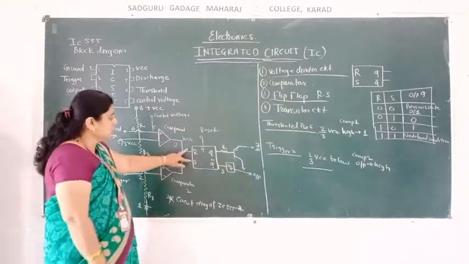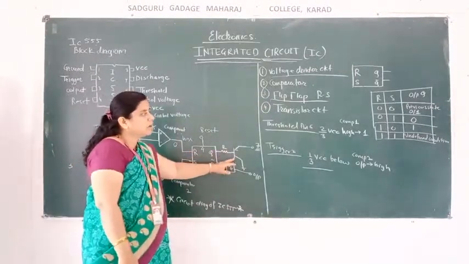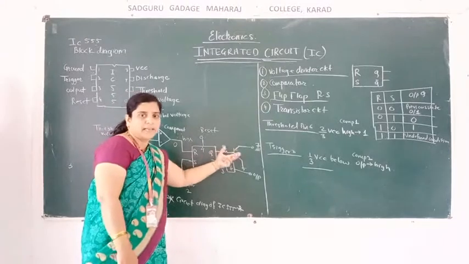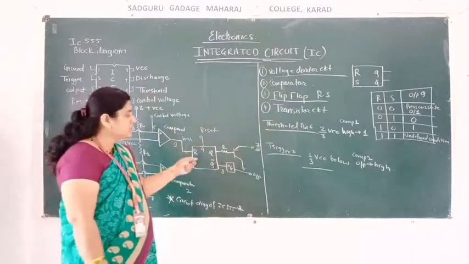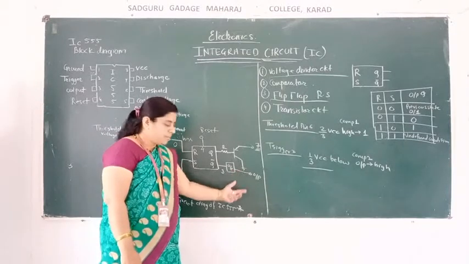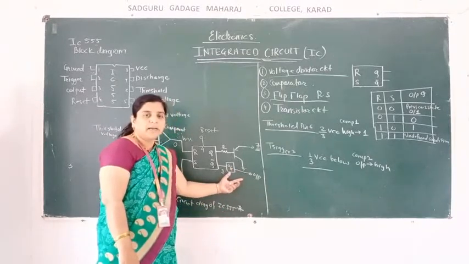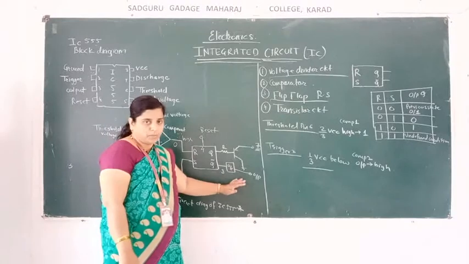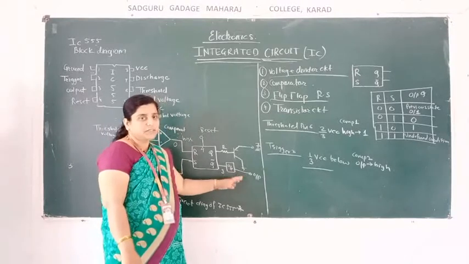If both conditions are 0 0, then the output will remain the same as it is. So there is no change in the output, it remains in the previous condition.